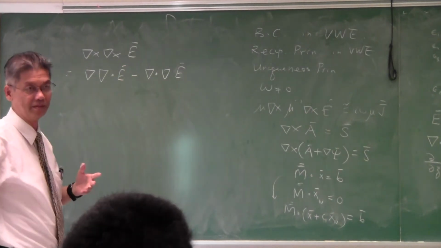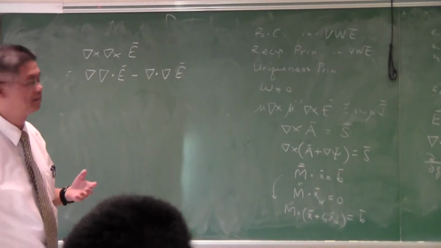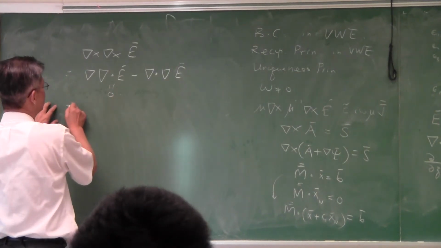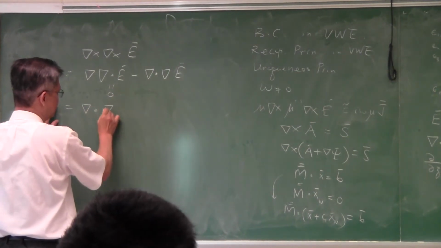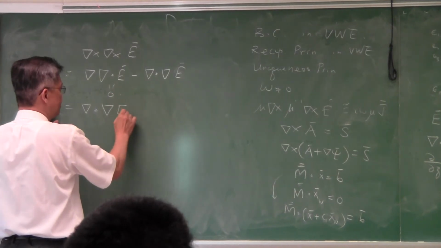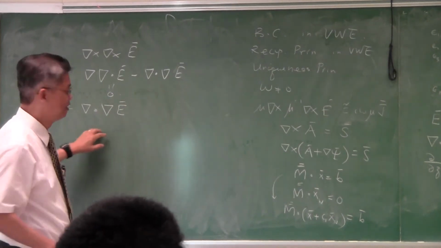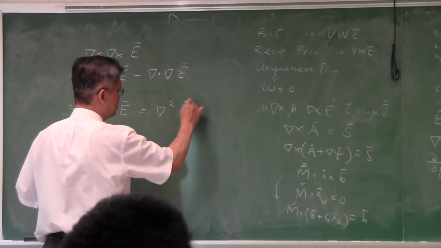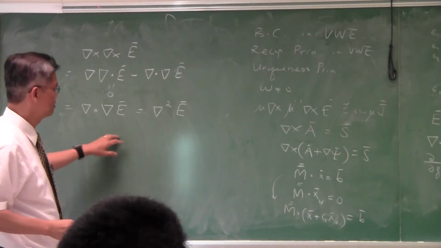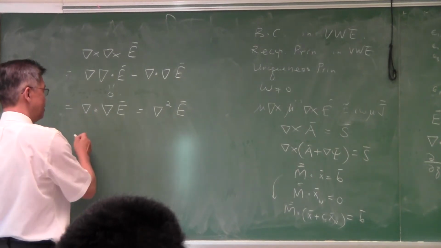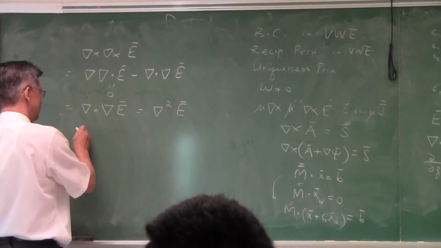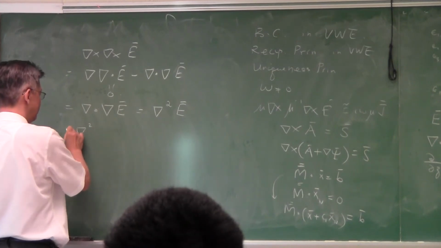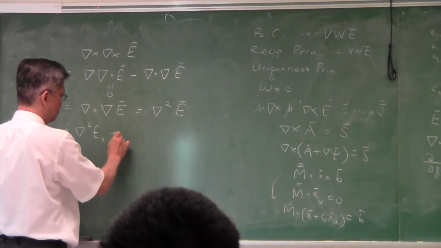We know this notation from our undergraduate days. And the divergence is usually 0 in free space, and hence this can be written in short as the Laplacian of E. I think the question I asked in the homework was, why is it that only in Cartesian coordinates can you say that this is equal to that?